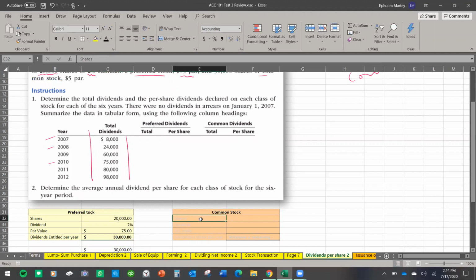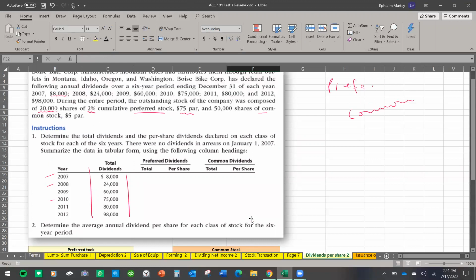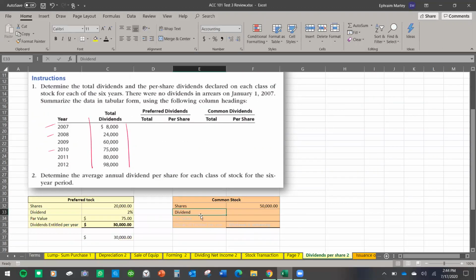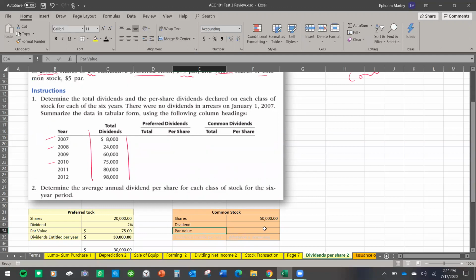Common stock doesn't really matter, it depends on how much preferred stock gets. But let's look at their shares. How many shares do they have in common stock? 50,000 right here. We don't have any dividend declared for them because they get paid based on how much is left after we pay preferred stock.